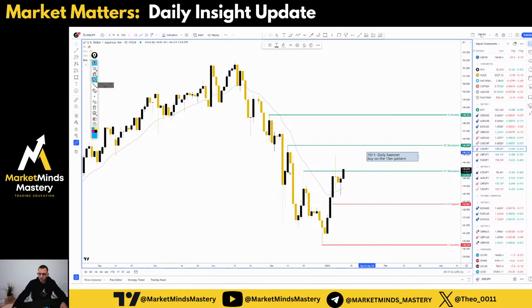So what really happened is that many traders read the chart like this, and at this point they say, okay, there are equal highs, so a double top is likely to occur.